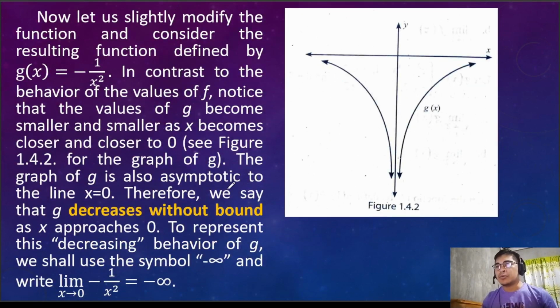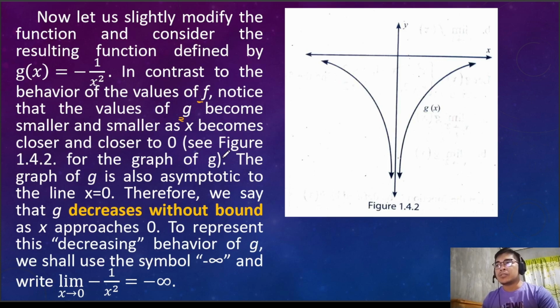So we have the next graph. Now let us slightly modify the function and consider the resulting function defined by g of x equals negative 1 over x squared. Kaganina, we have positive 1 over x squared. Now we have g of x equals negative 1 over x squared. So in contrast to the behavior of the values of f, notice that the values of g compared kaganina karon lahi.